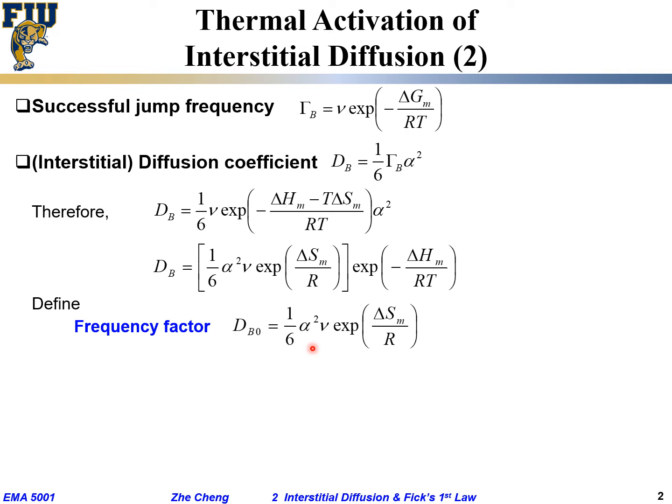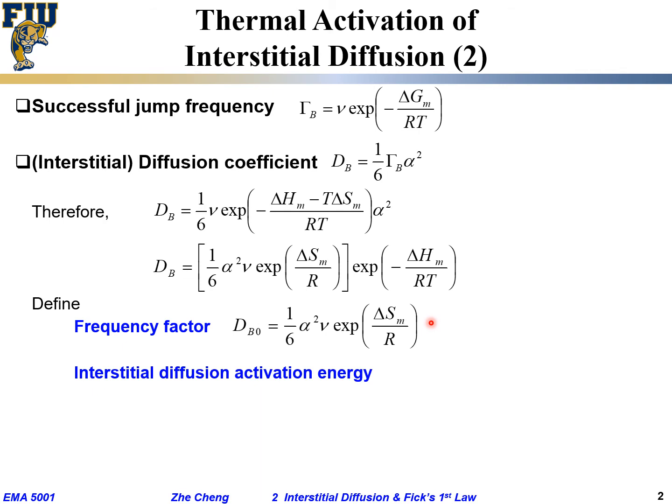What is this mu? Vibration frequency. This exponential term tells us something about entropy and the gas constant. This is our so-called frequency factor.